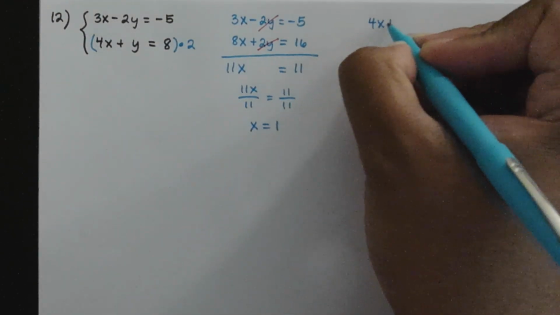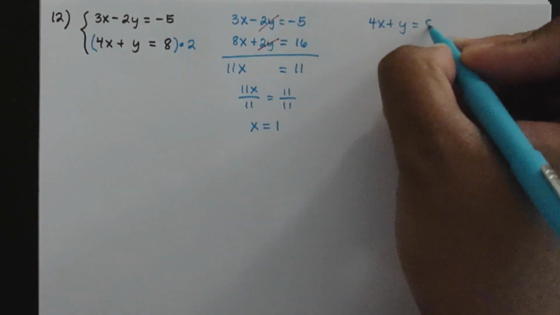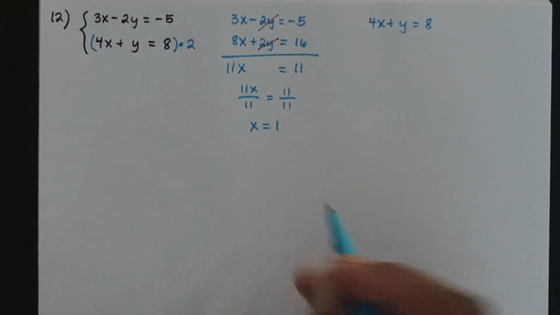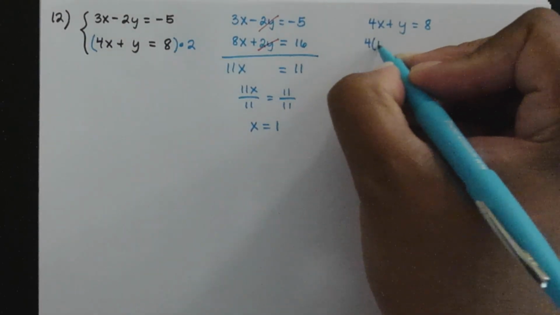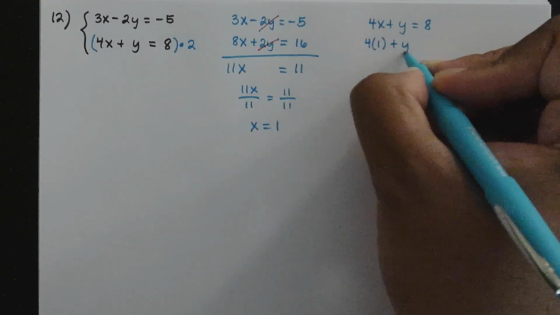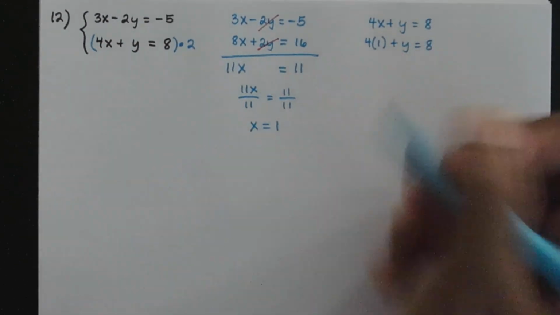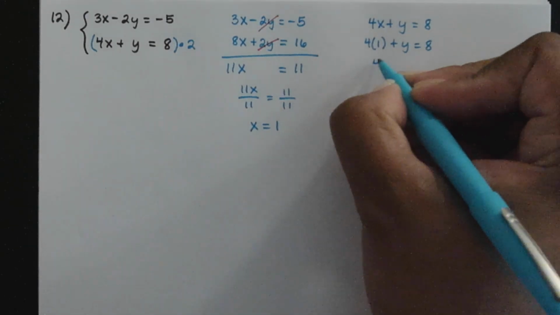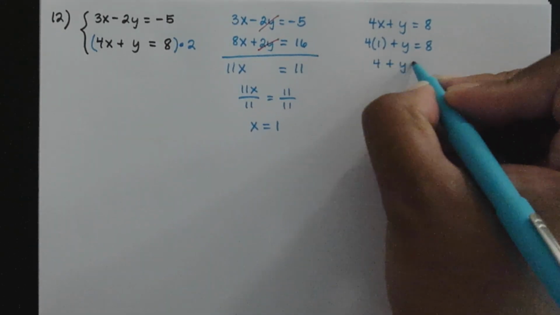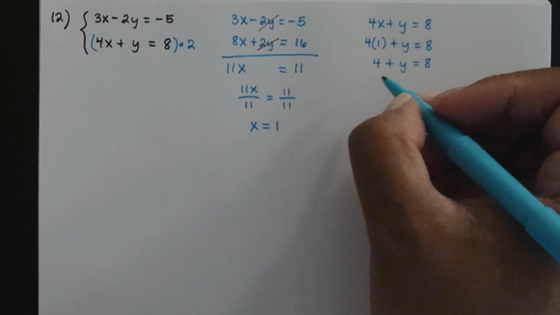Let's use the second equation. 4x plus y is equal to 8. Replace the x with the 1. So it'll be 4 times 1 plus y is equal to 8. 4 times 1, that's 4, plus y is equal to 8.